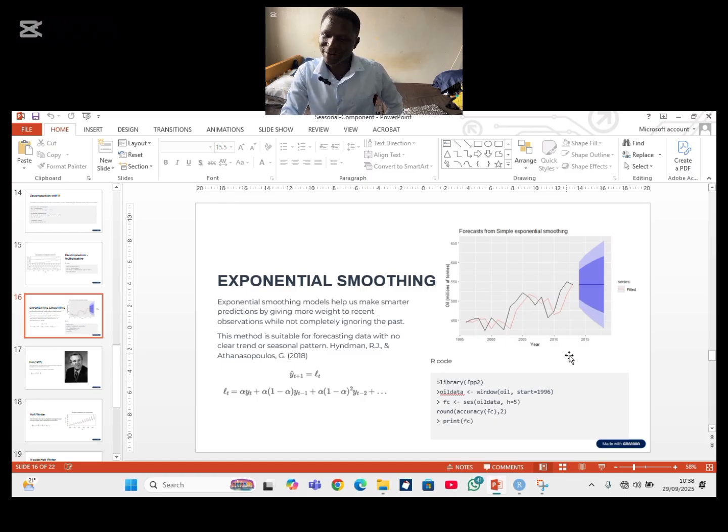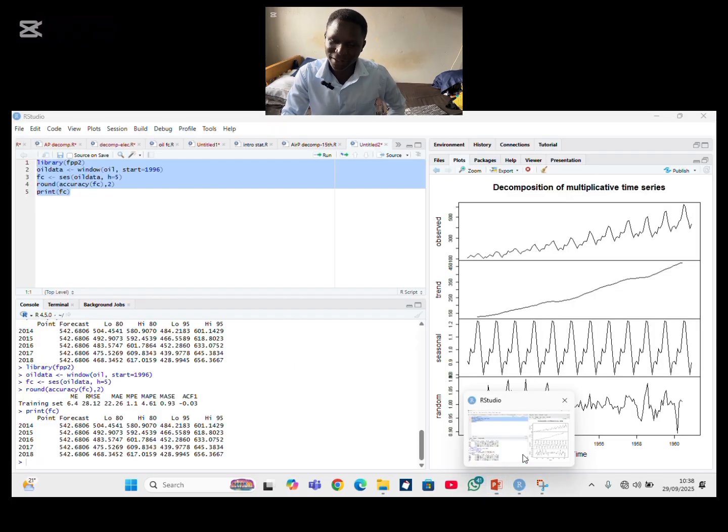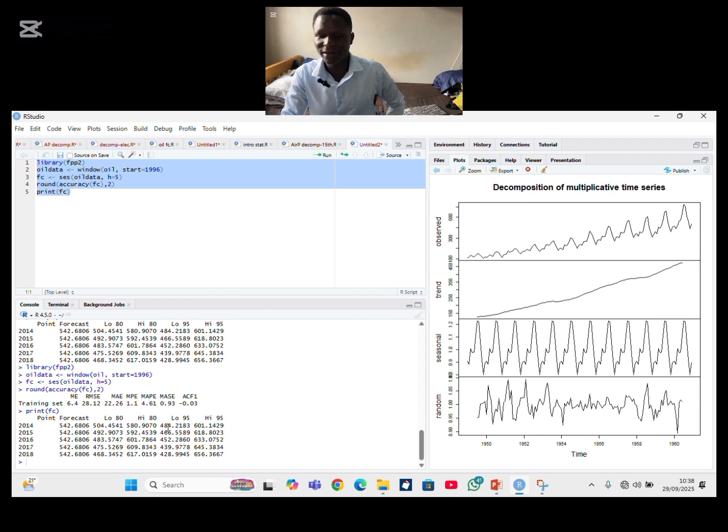Because of that, there is a limitation for exponential smoothing. It could work if you're forecasting maybe one figure or two. That is where this bound, this confidence interval, comes in importance.